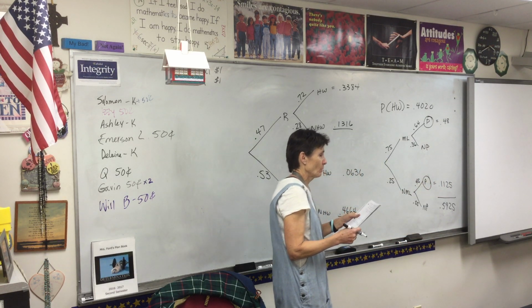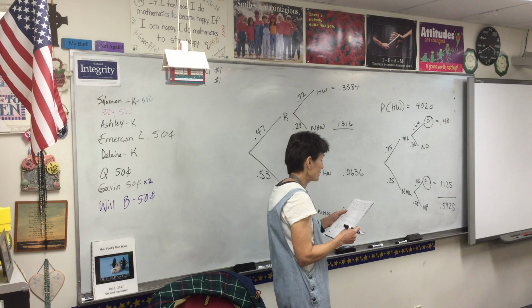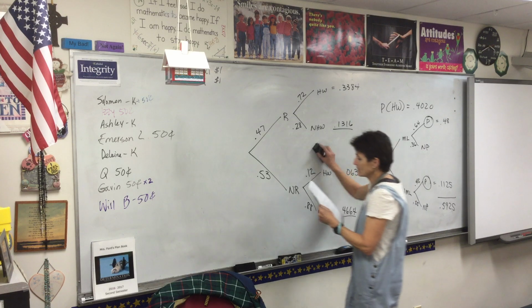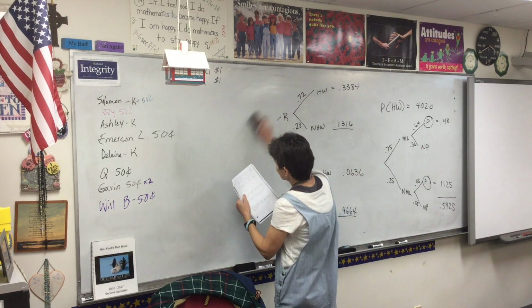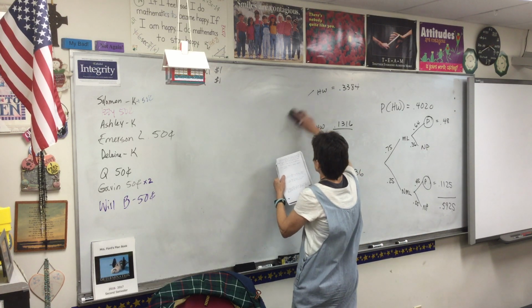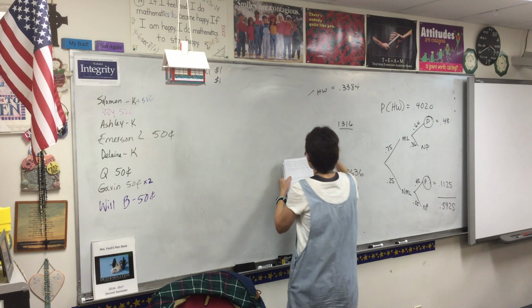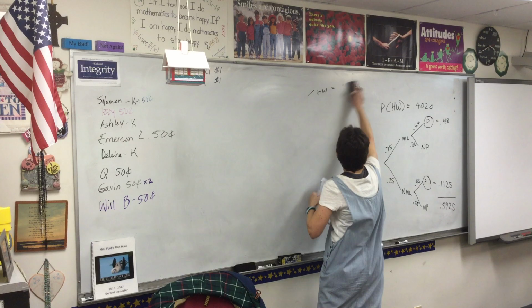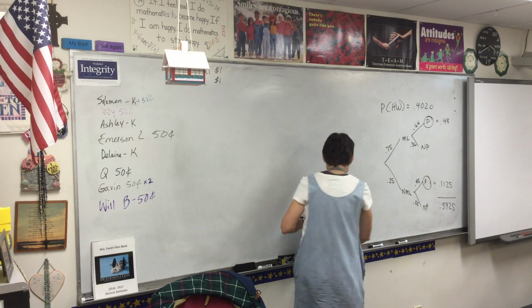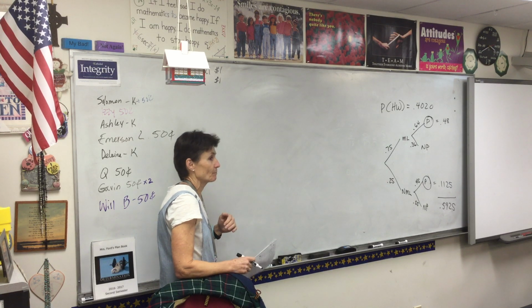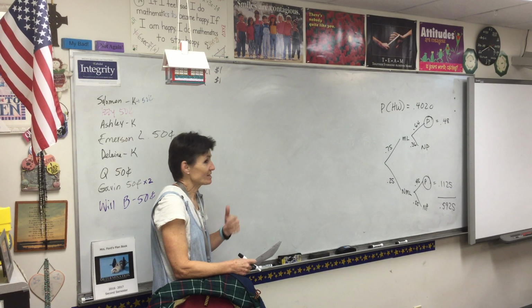All right, got one more of these. CHS buys bananas from stores P and Q. 70% of the bananas come from P. 90% of them from P are delicious, but only 80% of those from Q are delicious. So we're buying bananas that are either delicious or not delicious. All right, what does it start with?